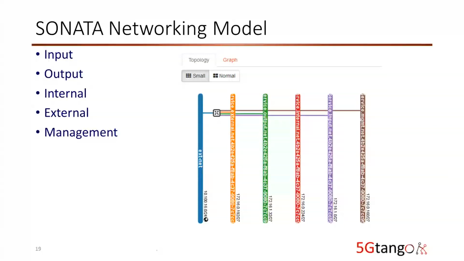Following the Sonata networking model, the management interface is the interface that carries the communication from the service platform to the VNF in order to make operations like configuring the VNF and grabbing metrics, or, if you have a probe inside your VNF, it is the interface where the metrics go out to reach the service platform. Okay, this is the management interface.